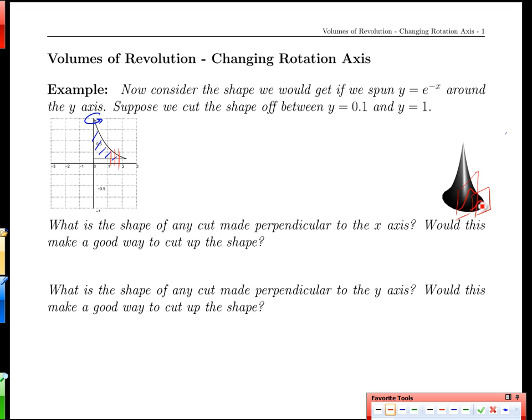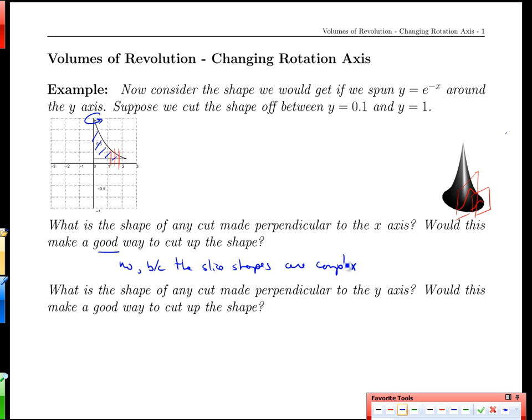There's maybe little bell curves or something like that. It certainly would not be a simple shape. So in this particular example, would this be a good way to cut out the shape? No, because the slice shapes are complex.